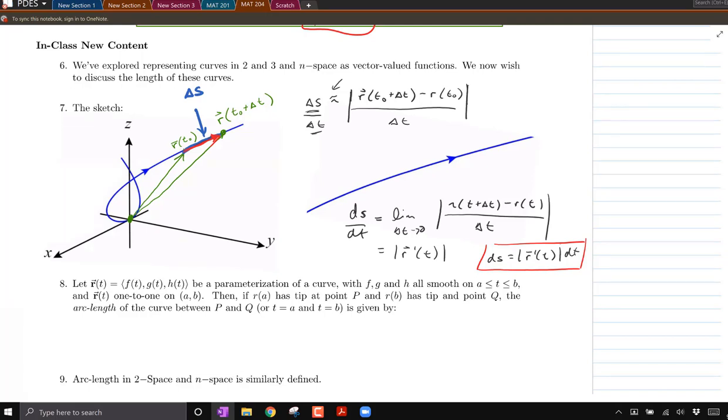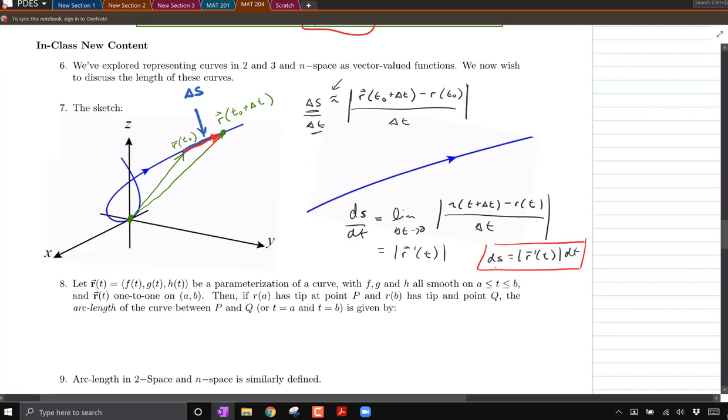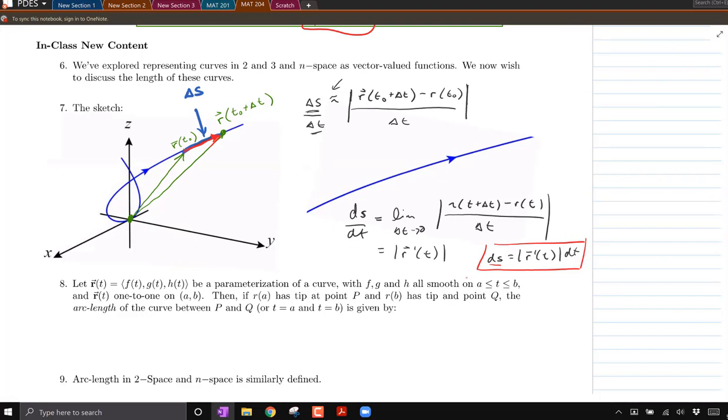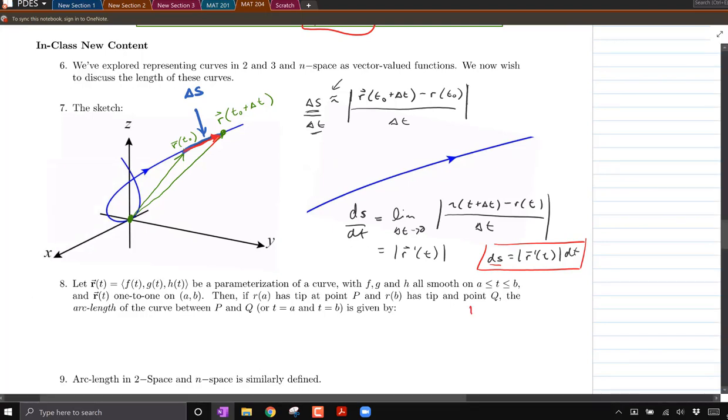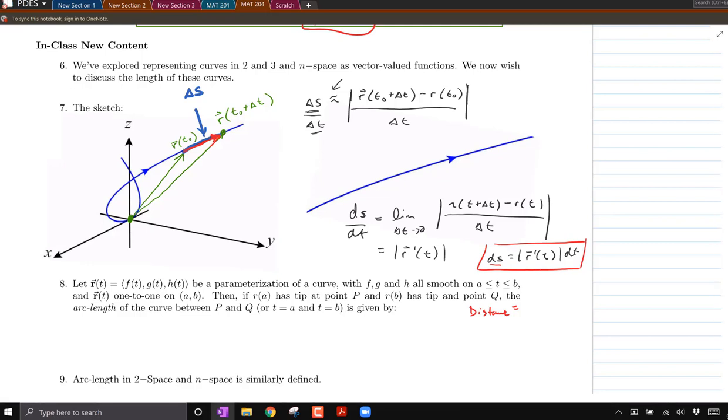I just want to show you that we could think of differential s as a small change in distance along the curve. So we could think of differential s as a distance. And how could we think of the magnitude of the derivative of our position vector?